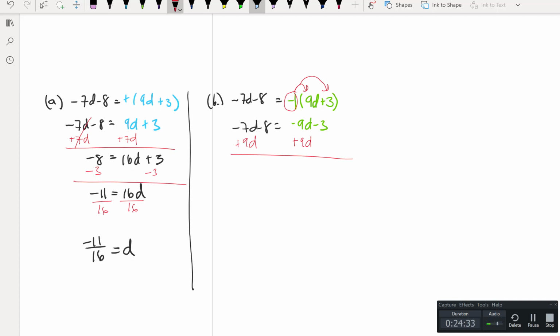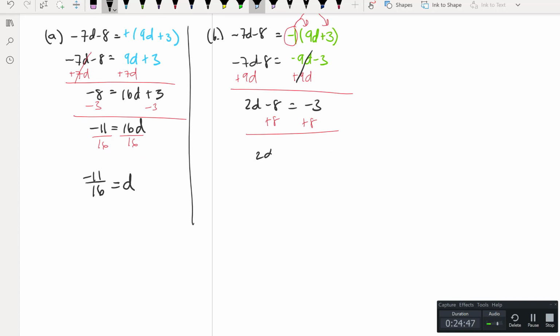Negative 7 plus 9 gives a positive 2d minus 8 is equal to negative 3. Now I'm going to add 8 to both sides. So 2d is equal to, and negative 3 plus 8 is equal to positive 5. If I divide by 2, I end up getting that d is equal to 5/2.